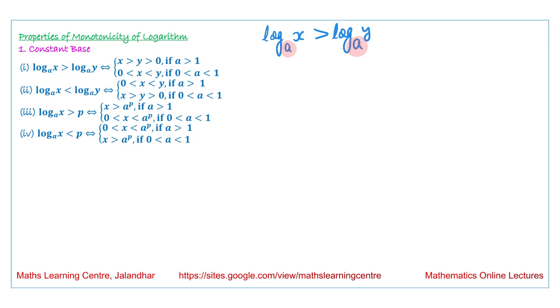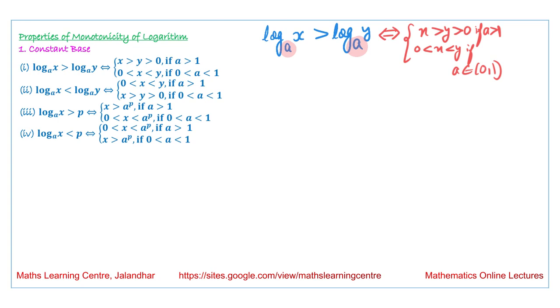So this is equivalent to the system x is greater than y is greater than 0 if a is greater than 1, and 0 is less than x is less than y if a belongs to the interval 0 to 1.